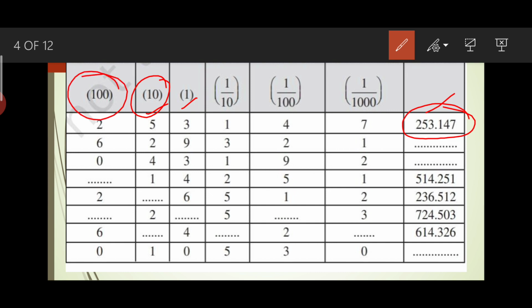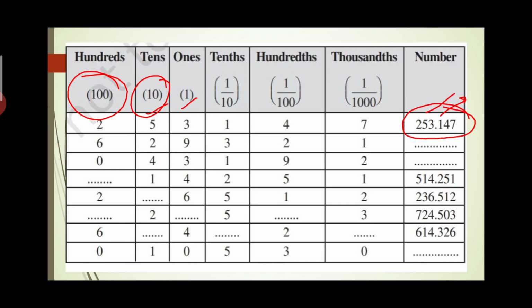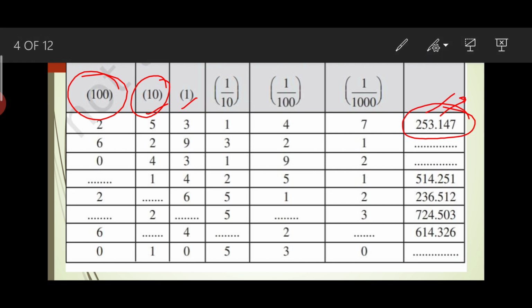Okay, and after the decimal, what will be the place value? You can see here that after the decimal the place value will start from tenths, then hundredths, then thousandths. Okay, so similarly we will keep on going like this. What is the basic difference? Suppose this is the point where we have the decimal.